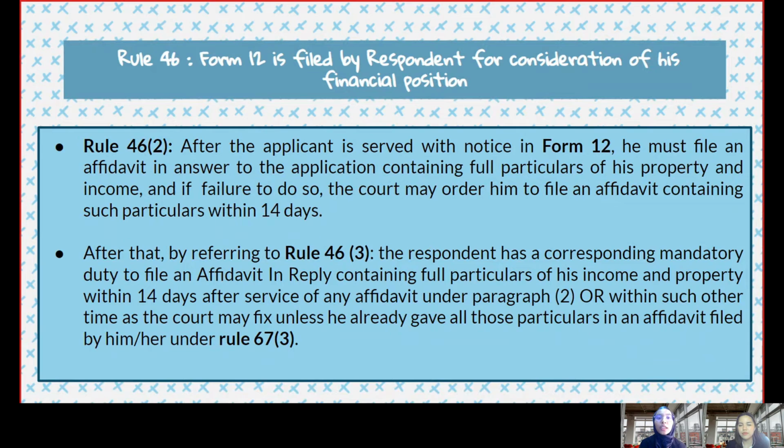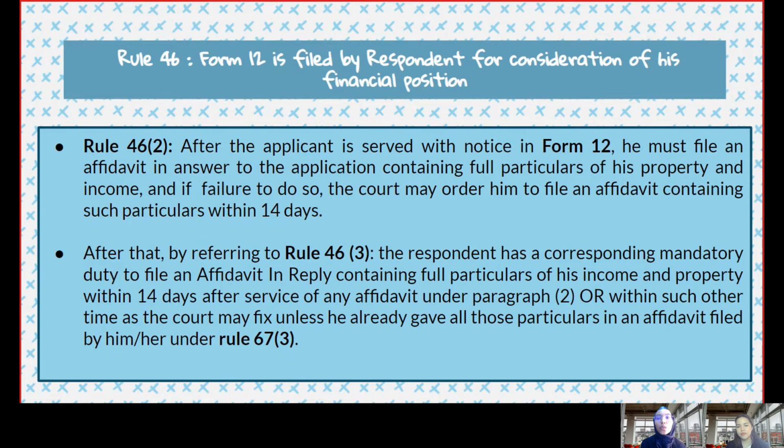Alright, moving on to Rule 46, Paragraph 2, where after the respondent is served with notice in Form 12, he must file an affidavit in answer to the application containing full particulars of his property and income, and if he fails to do so, the court may order him to file an affidavit containing such particulars within 14 days.